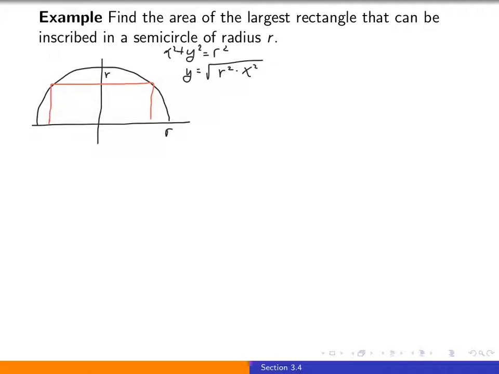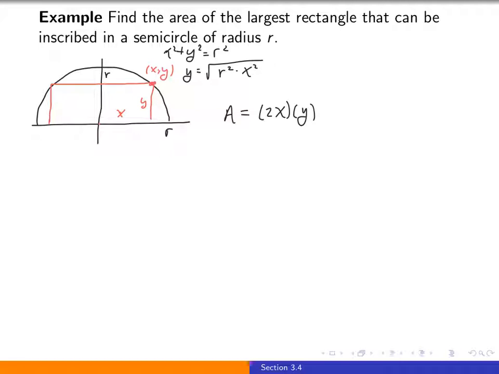I'm thinking of the coordinate where the upper right corner of the rectangle hits the semicircle as having coordinates (x, y). So x represents the distance from the origin to the right side of the rectangle. y is its height. With this observation, the function that we would like to maximize, area, would be base times height. The base is going to be 2x times y.